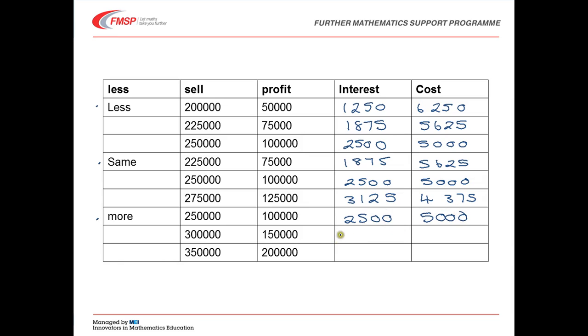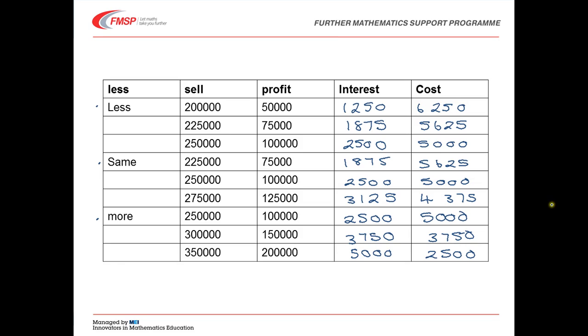So it looks quite frightening, but in actual fact there's not that much calculation to do really. And last of all, if he manages to make £200,000 profit, he's going to get £5,000 in interest, leaving him with only 2,500 to pay towards his rents.